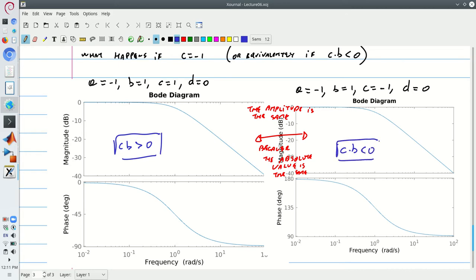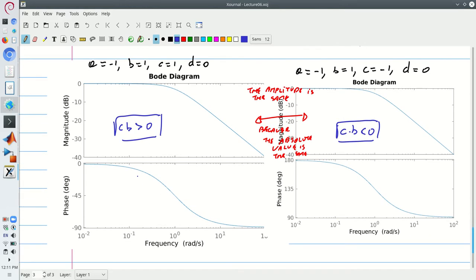That's the main difference. And what has happened here is that you have a phase that starts from roughly 0 and goes to minus pi divided by 2.